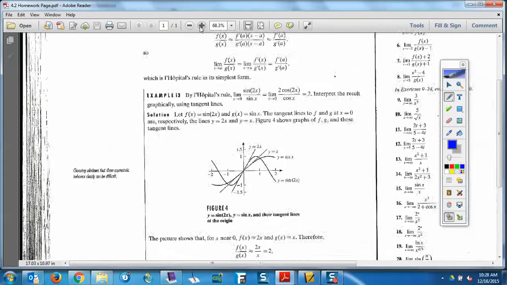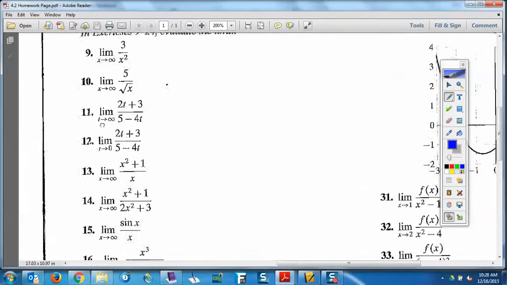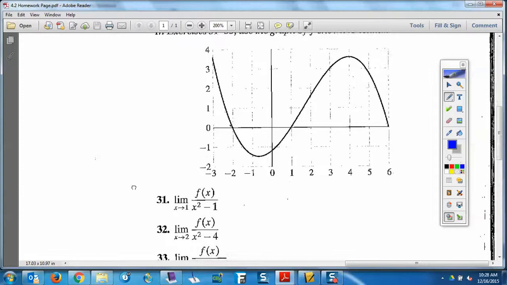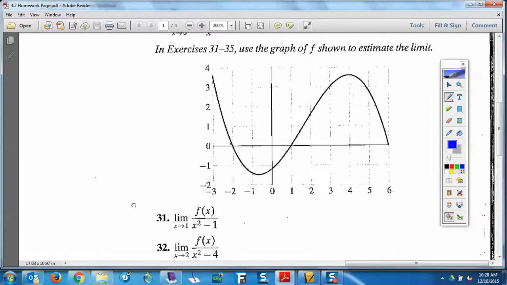Okay, so and this graph is f right here, correct?